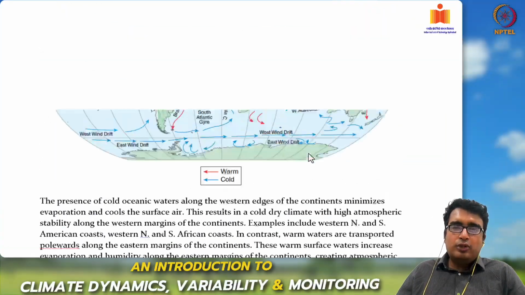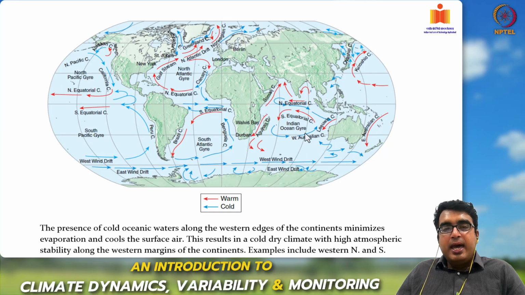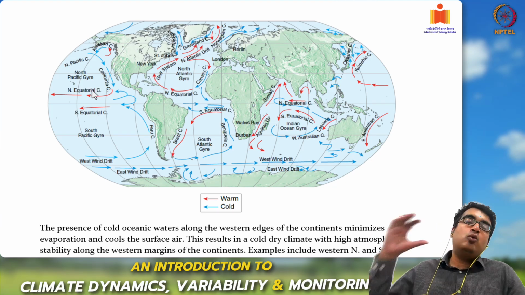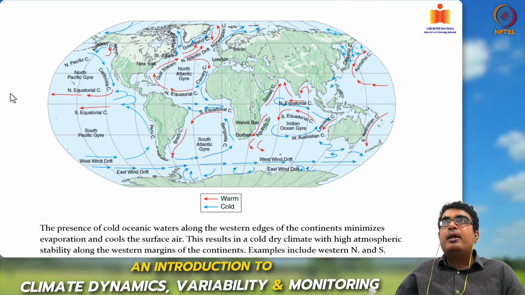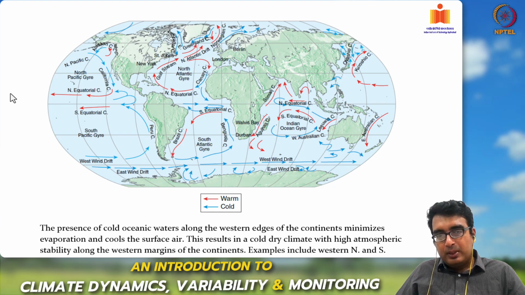So if you go to your surface level currents and look at the Pacific Ocean, you see that the southern equatorial current and the northern equatorial current flow from east to west in conjunction with northeasterly and southeasterly trade winds.